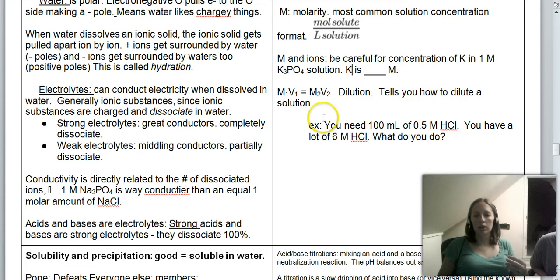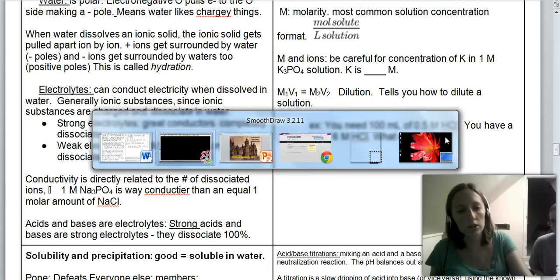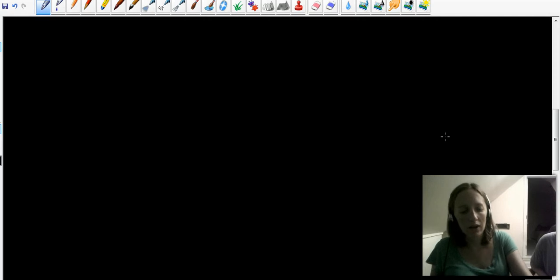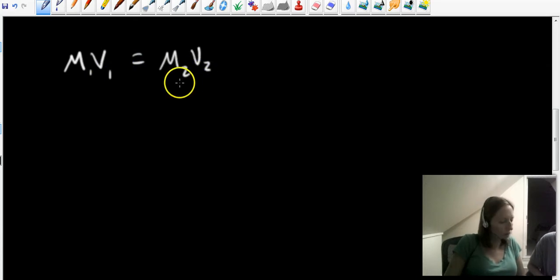All right. You need 100 mLs of 0.5 molar HCl. You have a lot of 6 molar HCl. What do you do? All right, let me go to the black pen page. M1V1 equals M2V2.